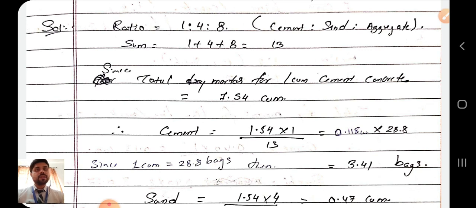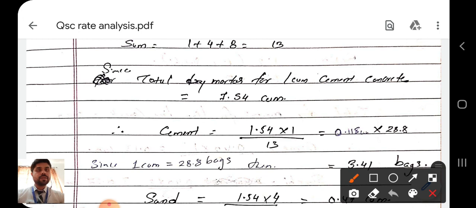So if you want to know the quantity of cement, then cement will be equal to 1.54, the dry material required for 1 cubic meter, divided by the total summation of the ratios.